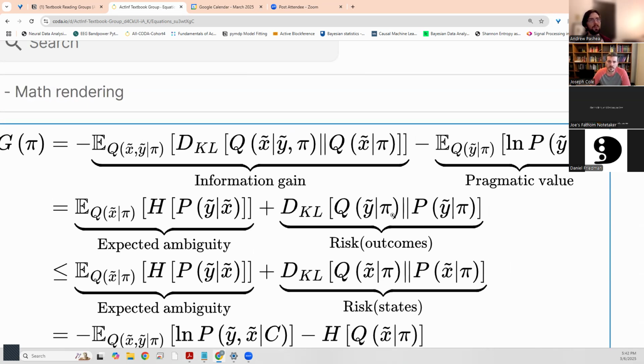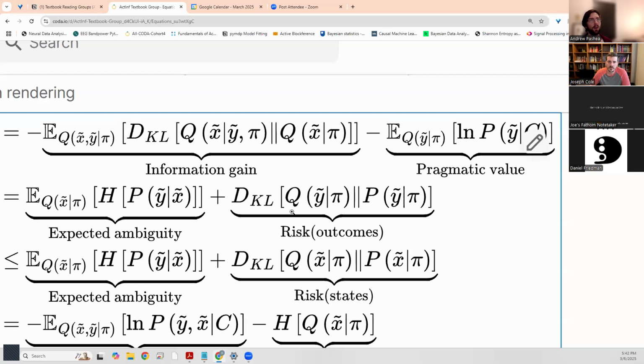And then risk over outcomes. These risk terms are related to the fact that a lot of people go into this field not just because they're interested in neuroscience, but in other fields. I myself did my master's at U Chicago in a very broad social sciences program, and that's part of what brought me here, including an interest in economics.